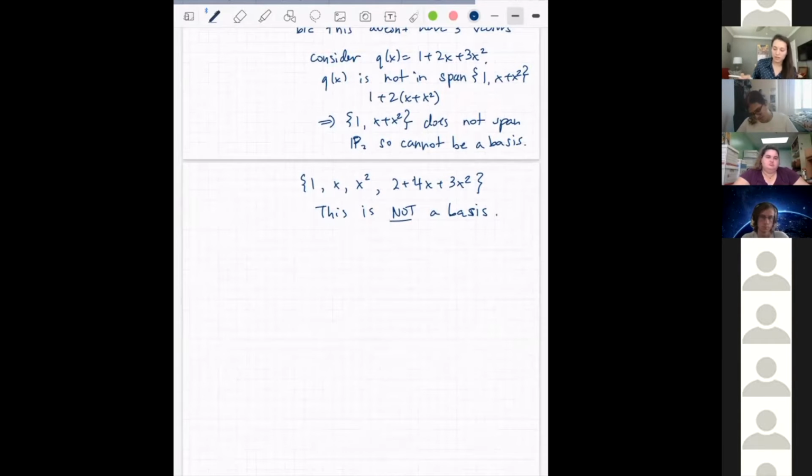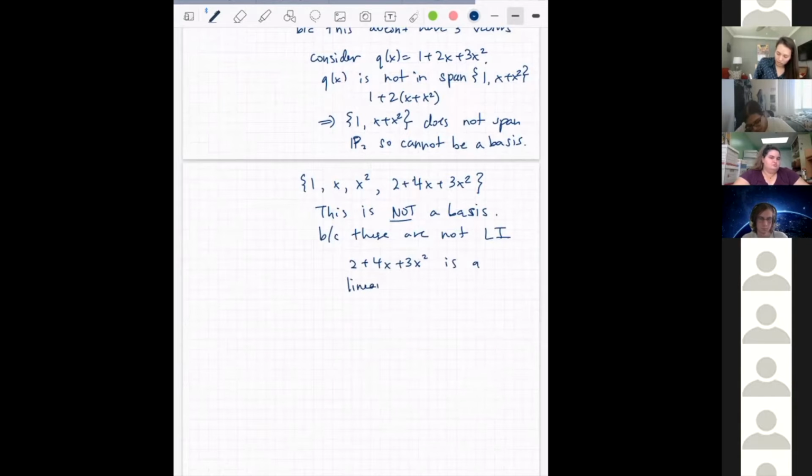It's the other part of the definition, because these are not linearly independent, because that last vector we can see is a linear combination of the others.